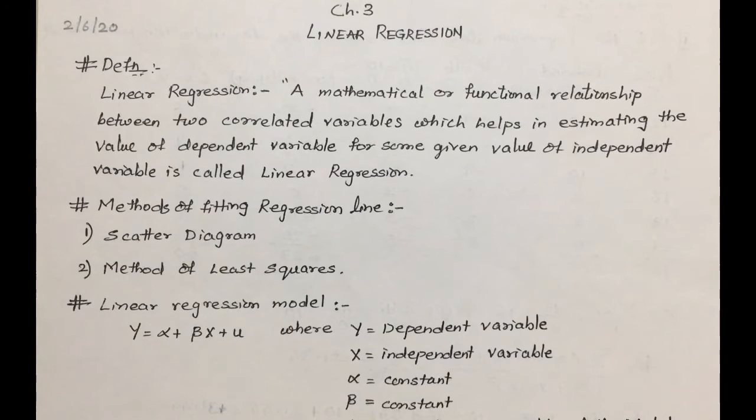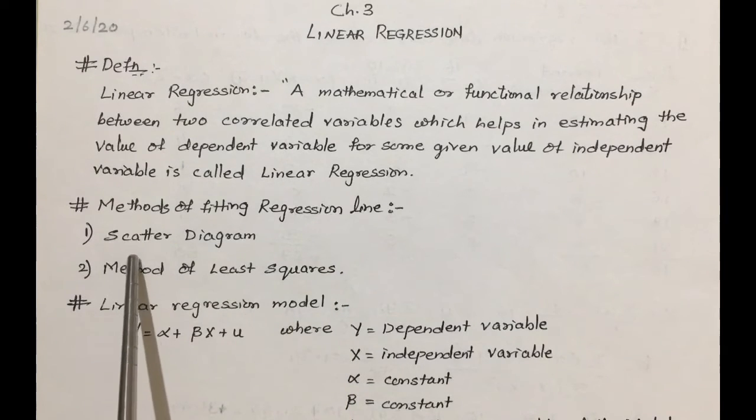Now the methods that we will be using in making the regression line, as it is linear regression, means we are going to make the equation of line in the entire chapter. The methods of fitting this regression line to the given observation.